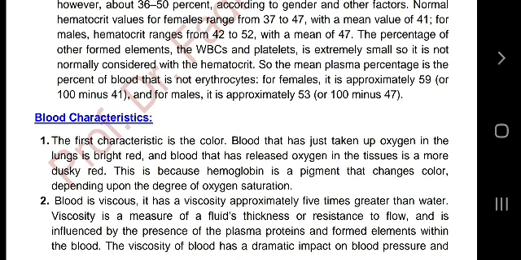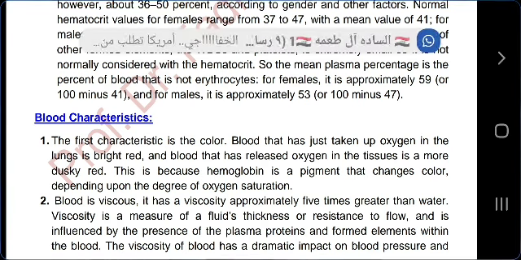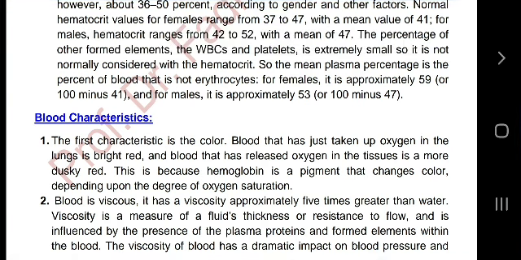This is because hemoglobin is a pigment that changes the color of the blood depending upon the degree of oxygen saturation. So the amount of oxygen in the blood determines the intensity of the red color.